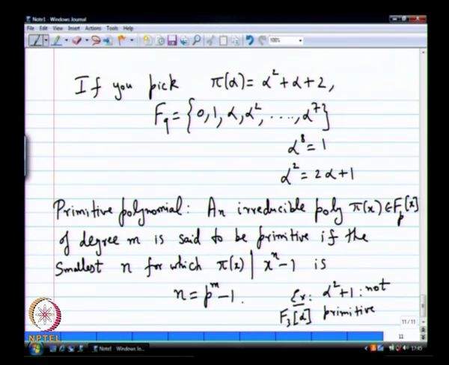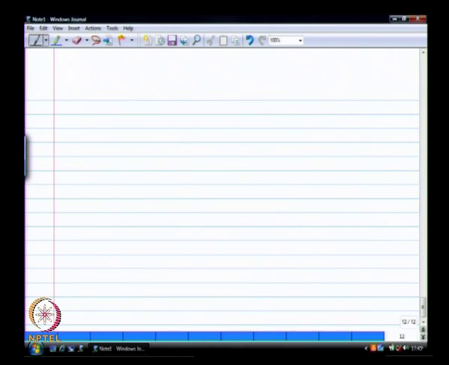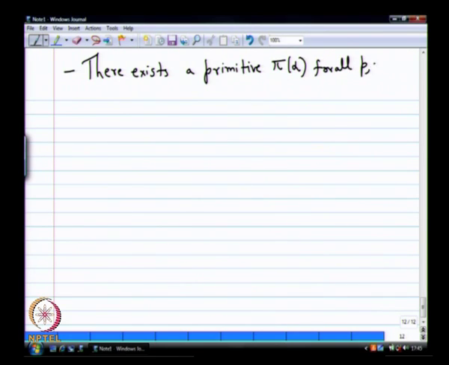What is very crucial is, if you pick pi of alpha as a primitive polynomial, first of all there exists a primitive polynomial for every p and every m. That is the first point. What are the two points that are important to remember? There exists a primitive pi of alpha for all p and m.